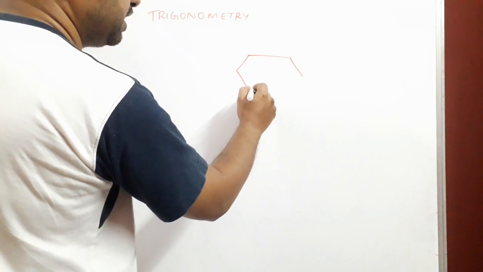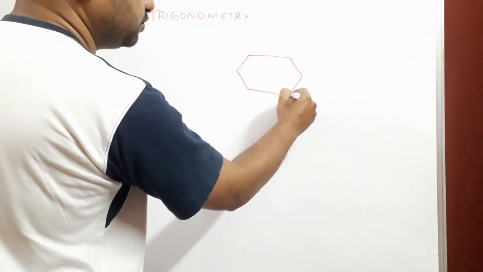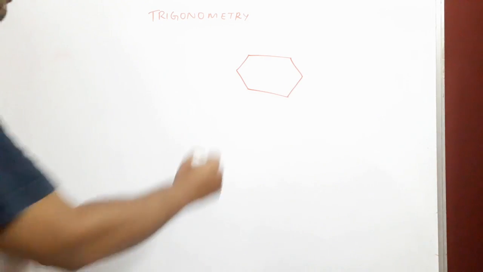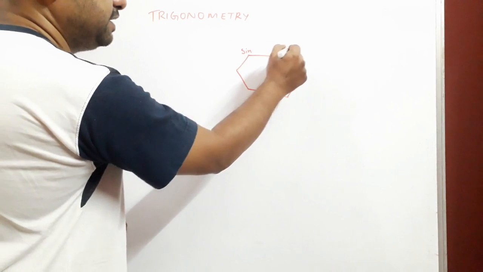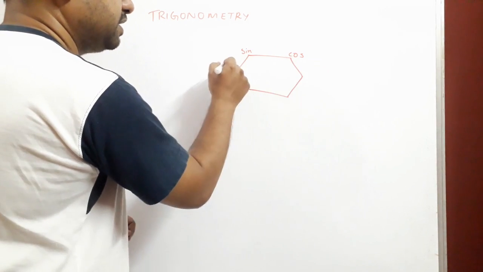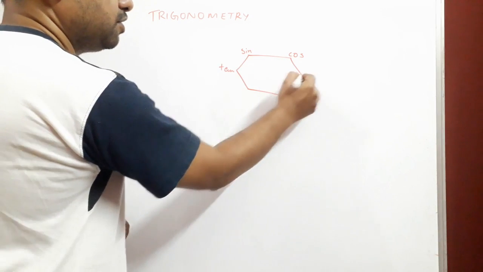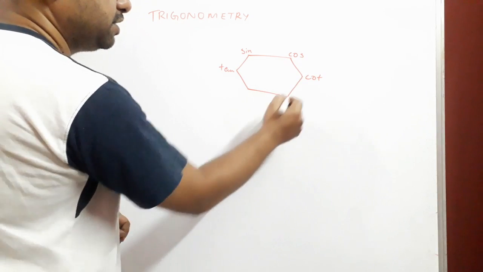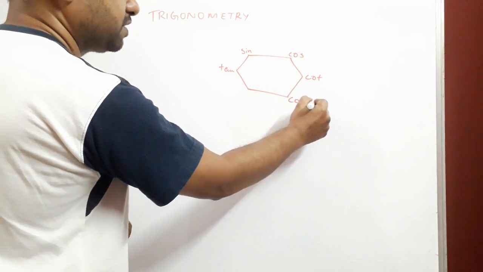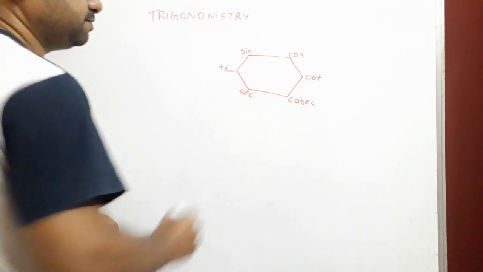We draw the regular hexagon, which is a six-sided closed figure, and once again we mark these points as sine, cos, then tan, opposite to that will be cot, here we will have cosec, and this will be sec.